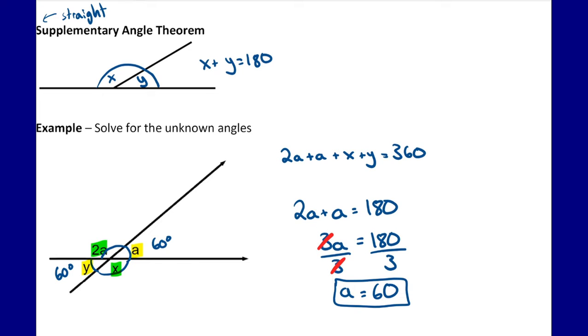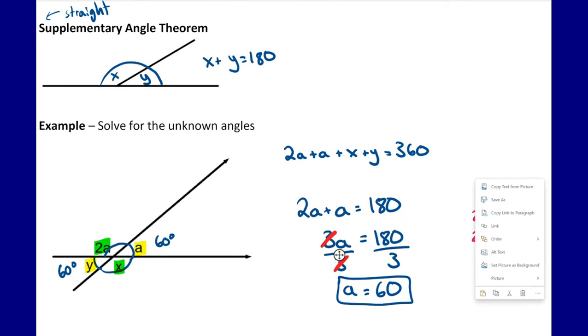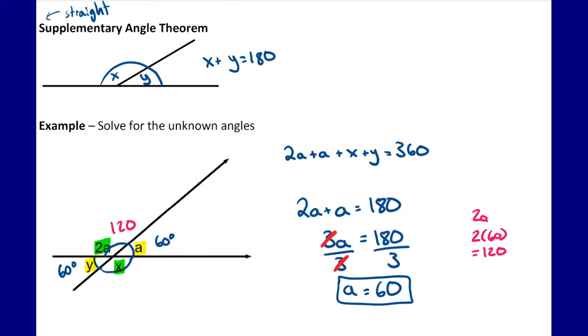Well, I could plug it back into the formula, right? 2a is now 2 times 60, which equals 120. Or I could understand that the two angles have to add to 180, so 180 minus 60 is 120. And then for x, the opposite angle theorem, so it's 120 as well.